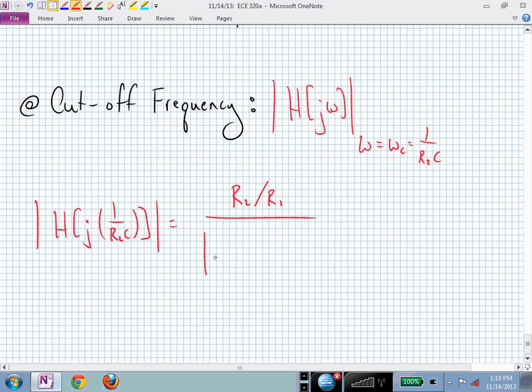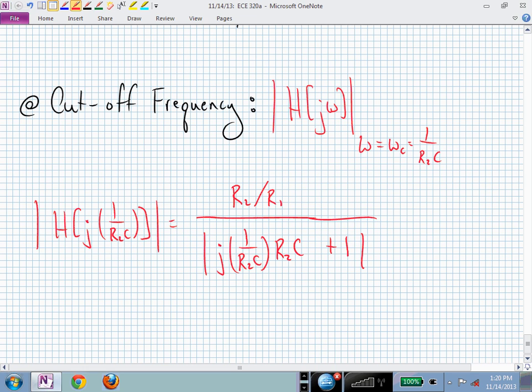We had j omega, but now we're replacing omega with 1 over R sub 2 C. But that was s R sub 2 C, and we replaced s with j omega, and we replaced omega with the cutoff frequency. So that's the result, plus 1. Is it clear where that came from?